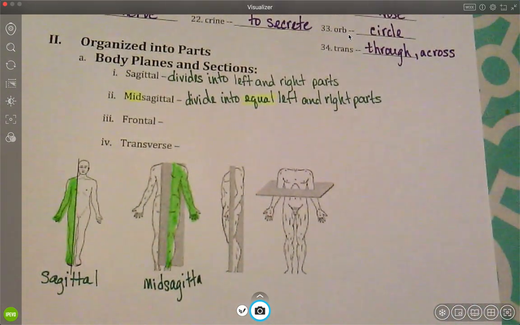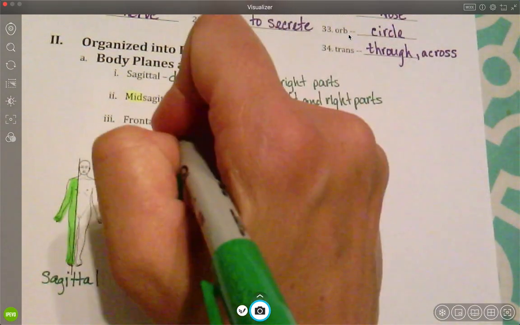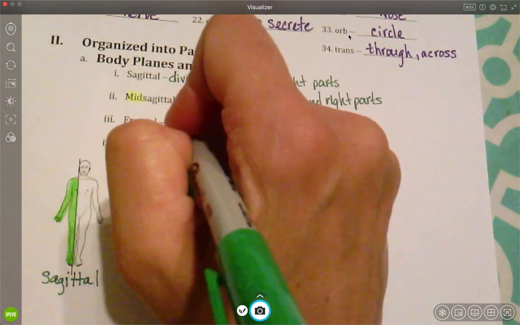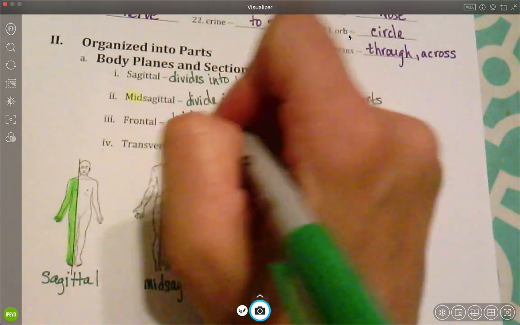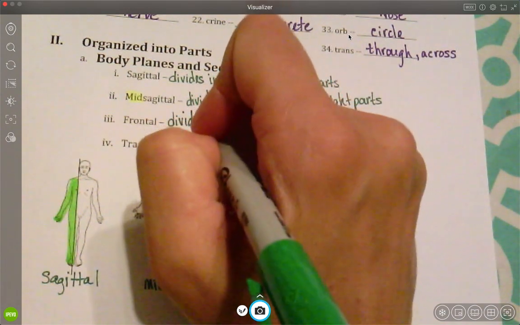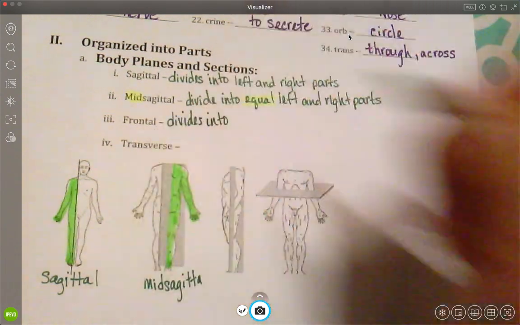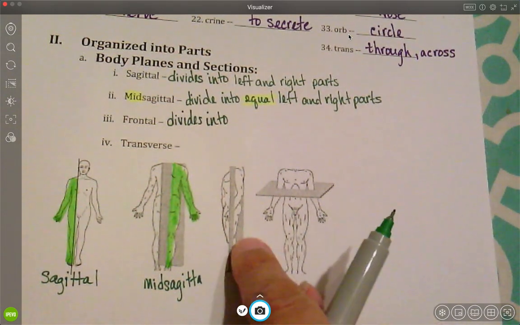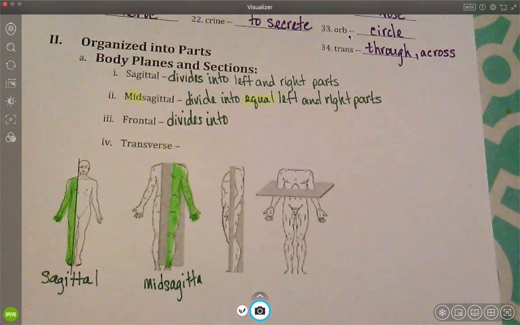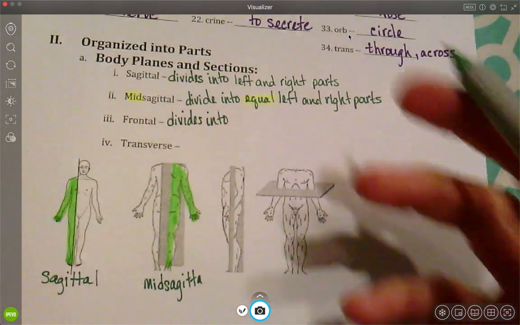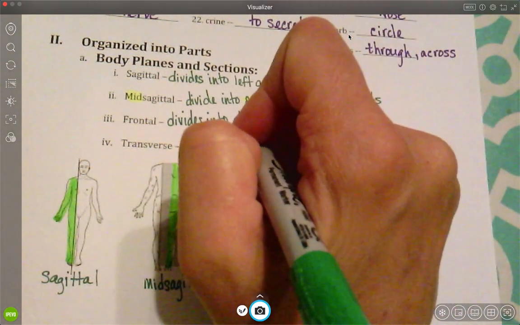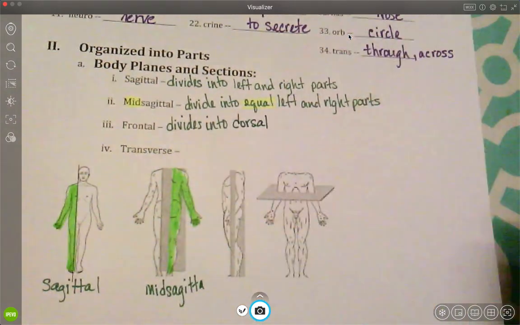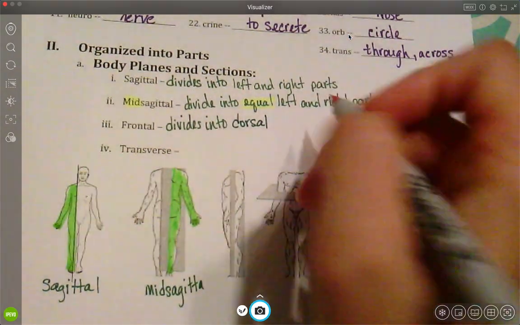All right, the next one is frontal. So with frontal, we said it divides into, and we used frontal to divide the body into front and back, but now we've got to use the formal words. So we're going to say divides the body into dorsal, and I'll put this in parentheses.